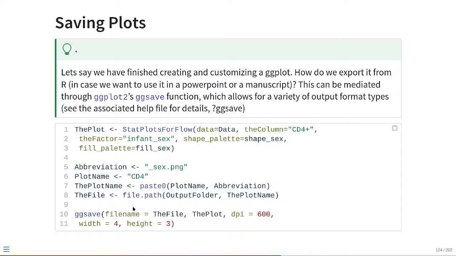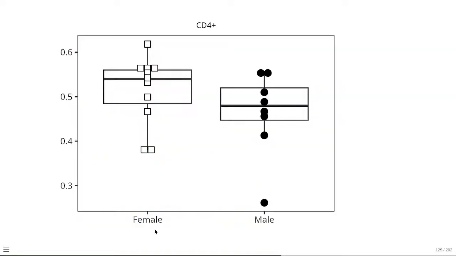And then I'm passing all this information about the new storage location and file name to the filename argument. I'm specifying my plot, and then I'm specifying pixel resolution and the size parameters for the image being generated. And then at that point, we get back our image. In this case, I reloaded it back into R. And you can do the same process for anything that you think is worthwhile keeping in part of your workflow.